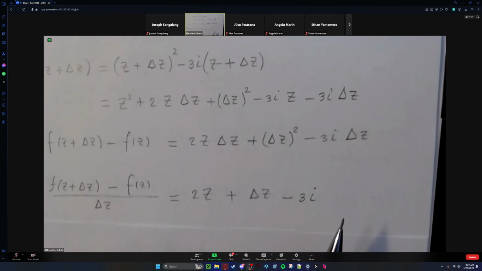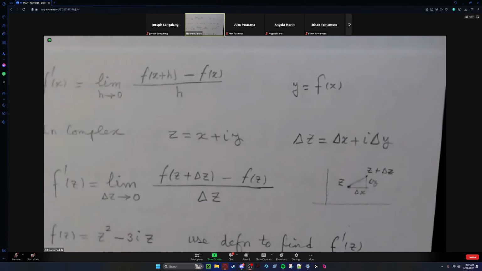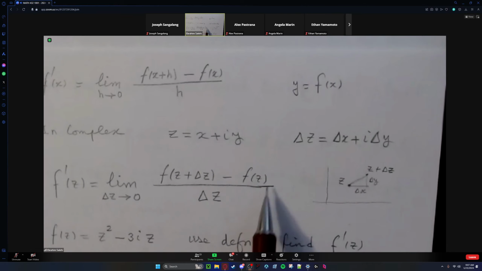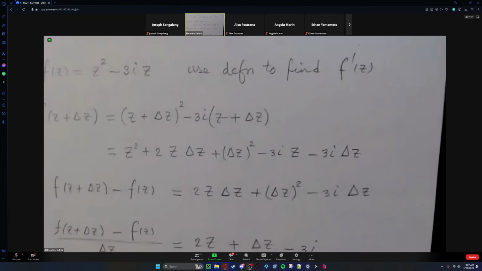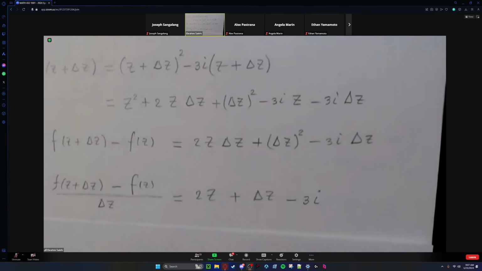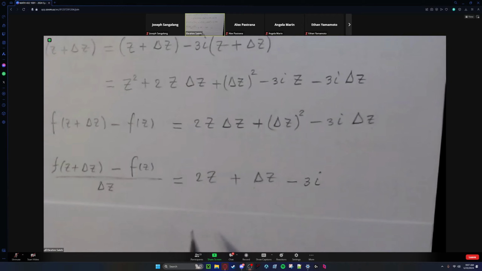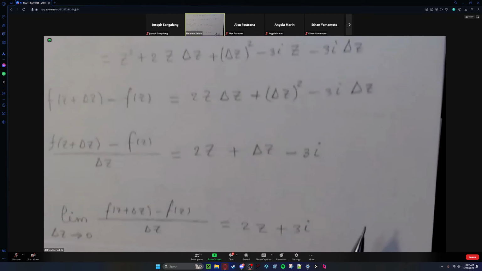That's not enough. The definition of derivative is you form this fraction, then take the limit as delta z approaches 0. Okay, don't forget that part. After forming this fraction and simplifying, now let's take the limit as delta z approaches 0. This part is 0. This is what you get. Done.